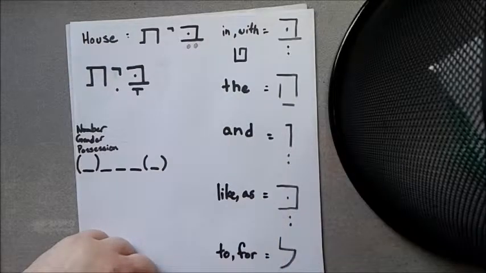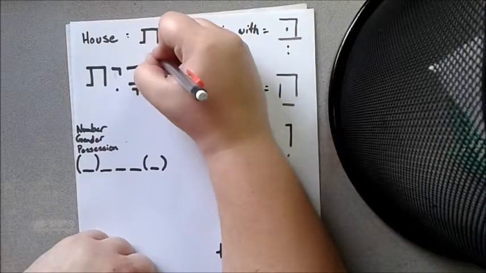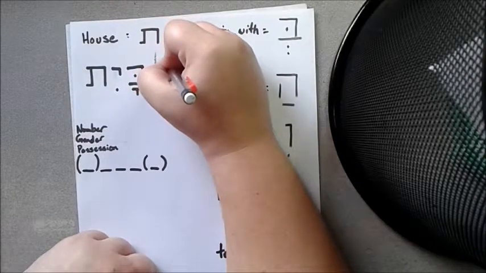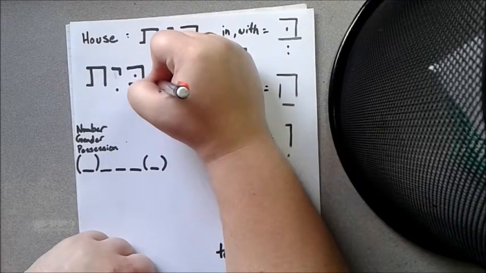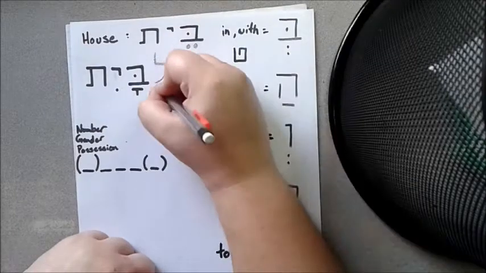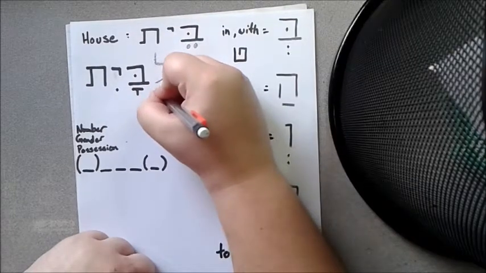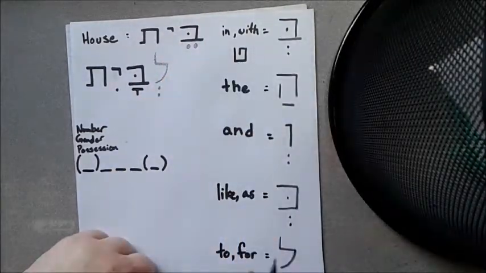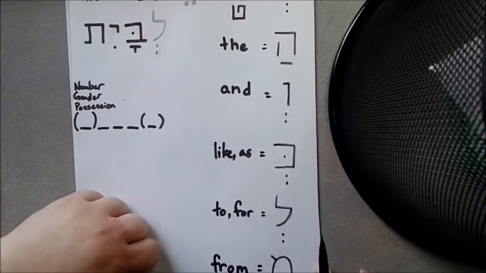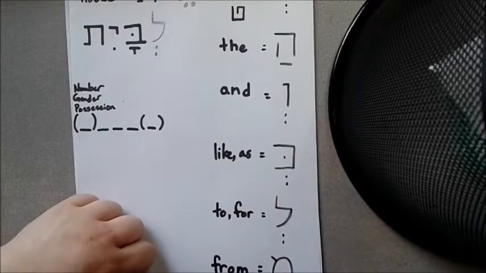I'll come back to those, and we'll see if we can't find a better example than bait. Okay, so lamed, to the house. Okay, to the house. For the house, I guess, if you wanted to put it that way.